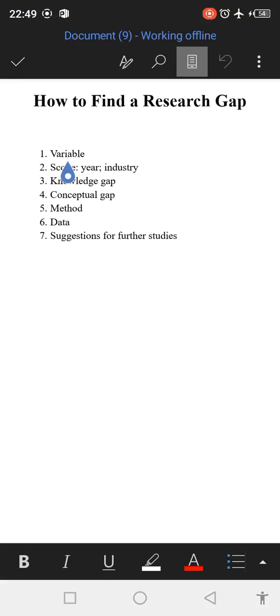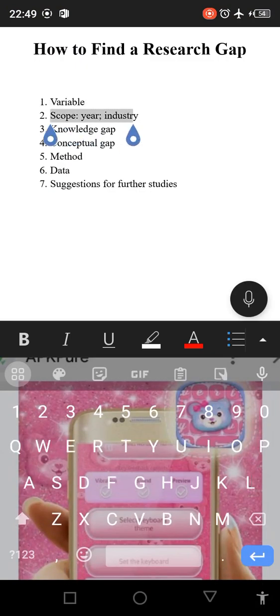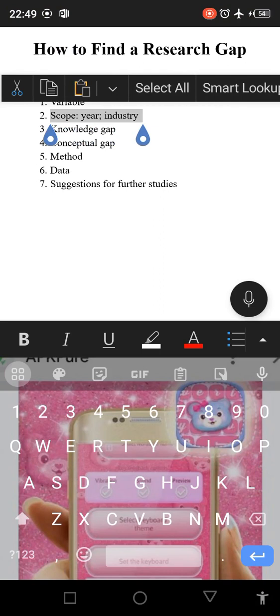Another way at which you can identify a gap inside the literature that you downloaded is scope. Just the way that I highlighted it here, scope is divided into two. Now, what do we mean by scope? Scope means the coverage of the study, the areas that the study covered. If you could recall, whenever you are structuring your idea into a title, most of the time it is always broad.